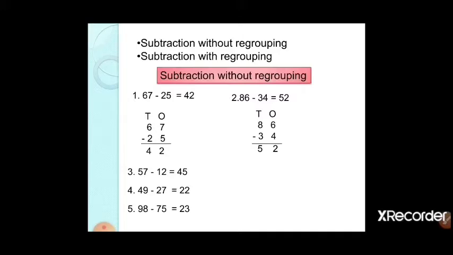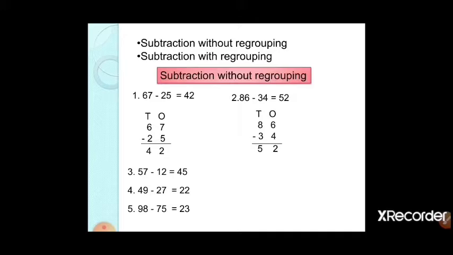Subtraction rules: if we subtract 0 from any number, we will get the number itself. If we subtract 1 from a number, we will get the previous number, the number just before, or predecessor. And if we subtract a number from itself, we will get 0.